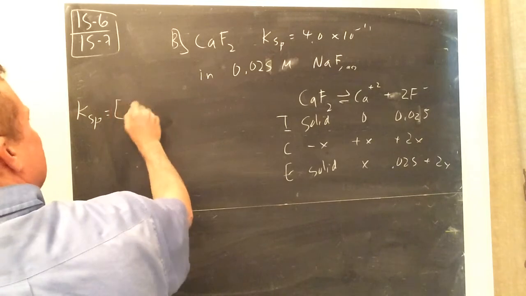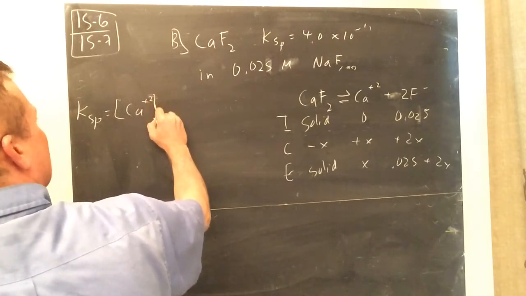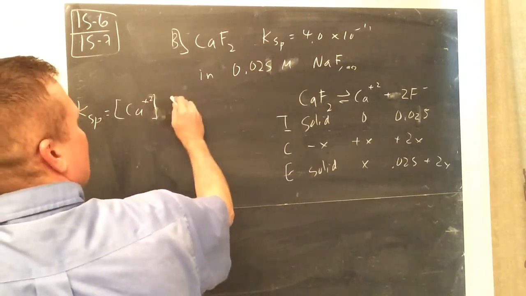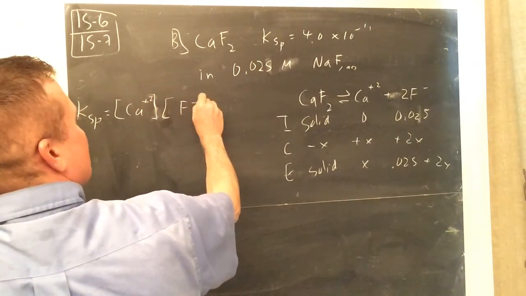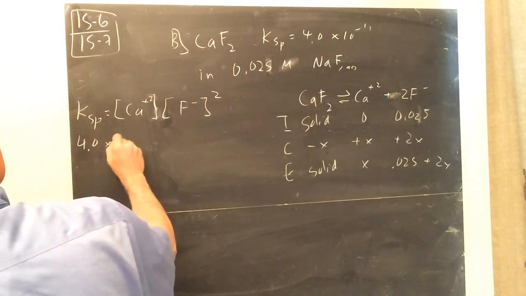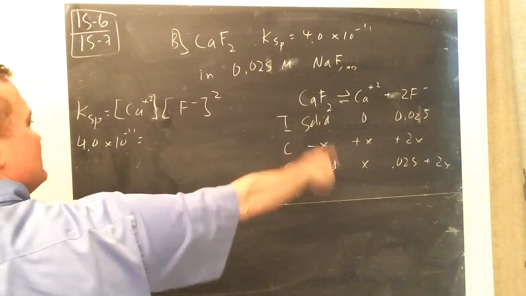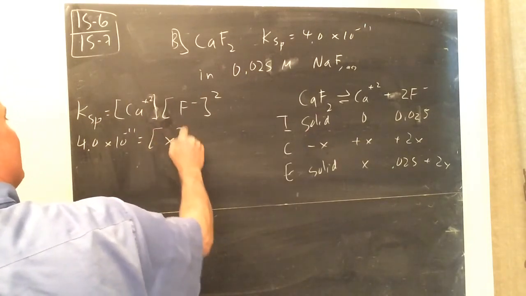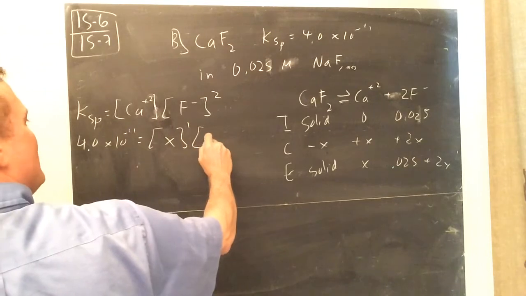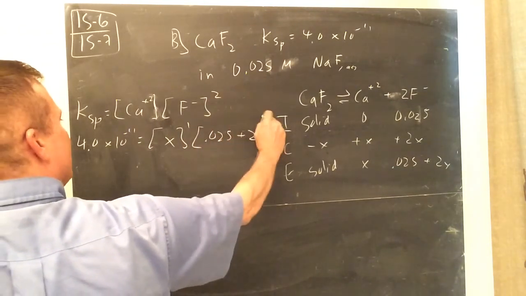So Ksp is going to be the calcium ion times the fluoride, and it has to be squared. So 4.0 times 10 to the negative 11 is Ksp, given. Calcium at equilibrium is X, and there's only one of them, and fluoride is 0.025 plus 2X, so it's going to be squared.